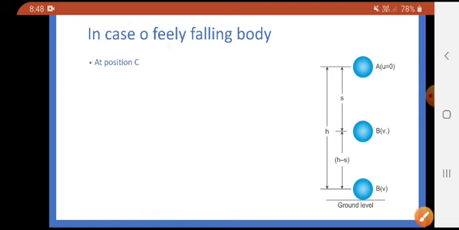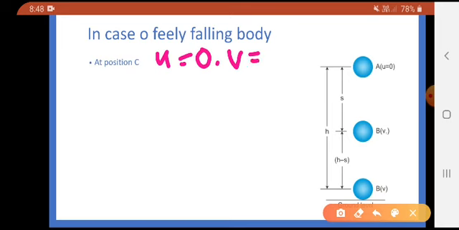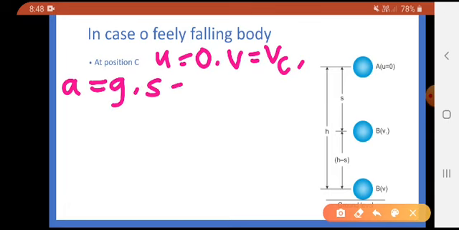So at C, it is a freely falling body, so initial velocity is 0. V is taken as Vc, because we are finding the velocity at point C, and a equals g, and s equals the covered distance h. The total distance from the maximum height is h.